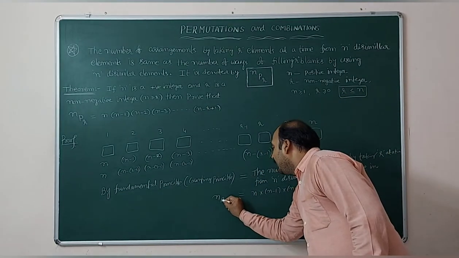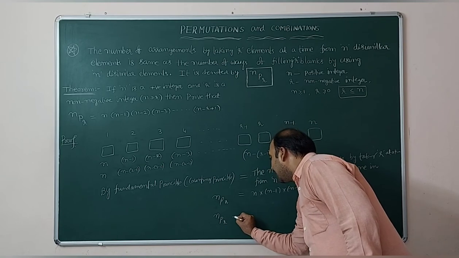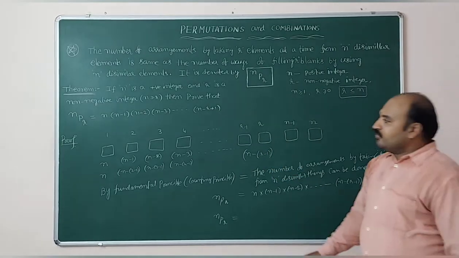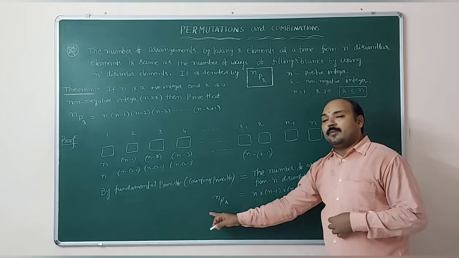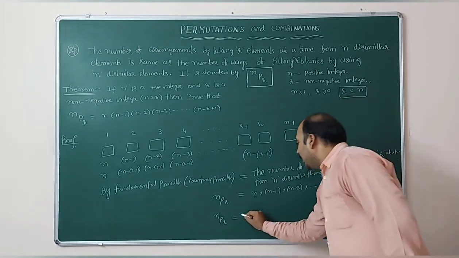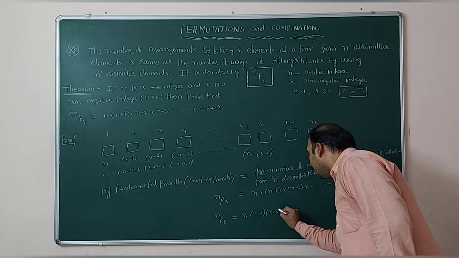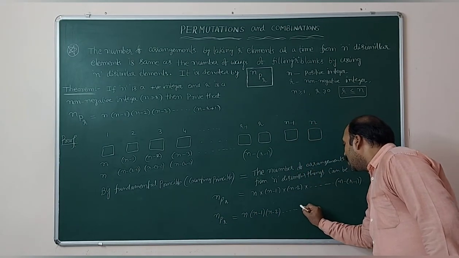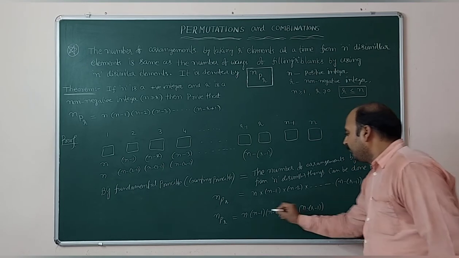From now onwards nPr stands for the arrangement of r things taken at a time from n dissimilar things. So it is n into n minus 1 into n minus 2 into and so on, n minus of r minus 1.